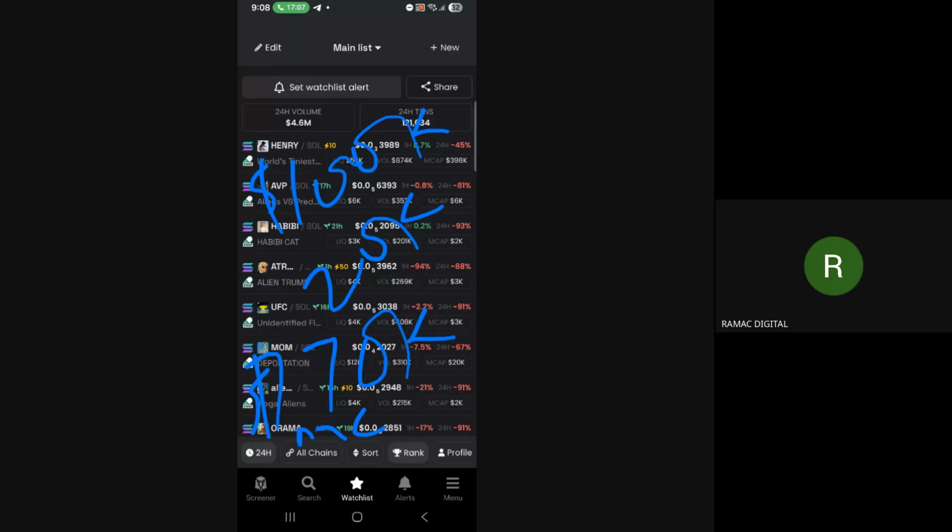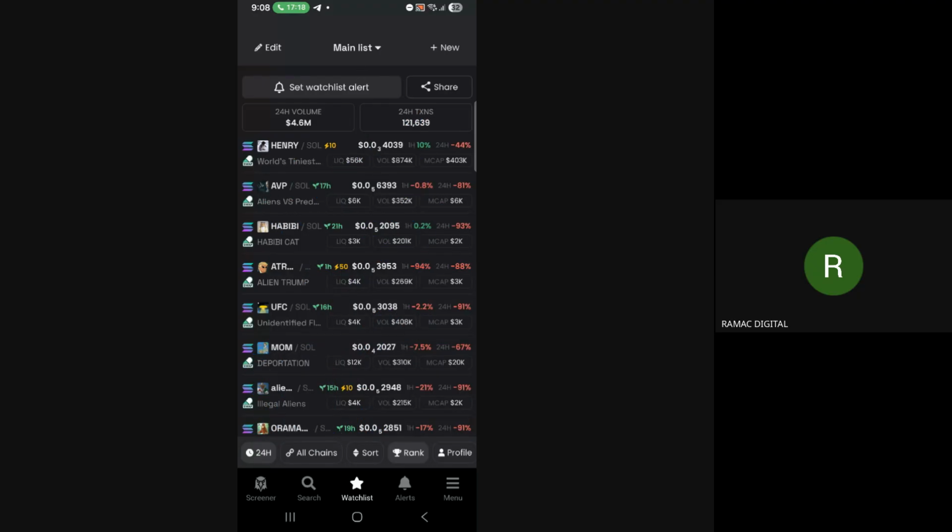Now, this is how the gem plays. It is risky, yes. If you can put in what you can afford to lose, you enjoy this space. Now, imagine I put in like $20 when it dipped to 20K market cap, and it got to 770K market cap.